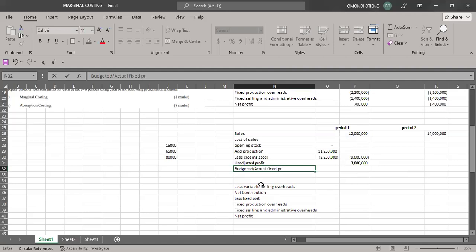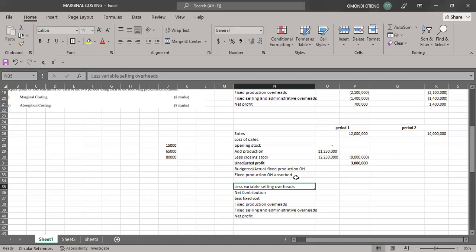fixed production overheads. Then we compare it with the fixed production overheads absorbed.